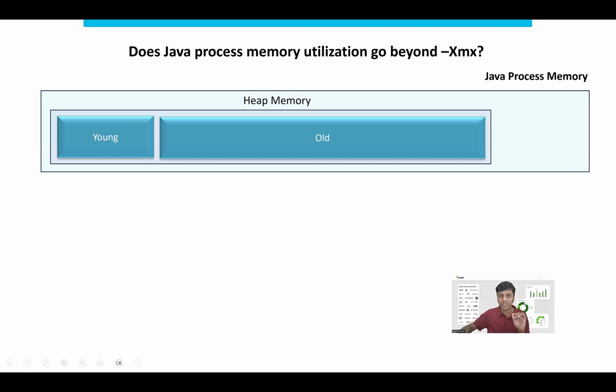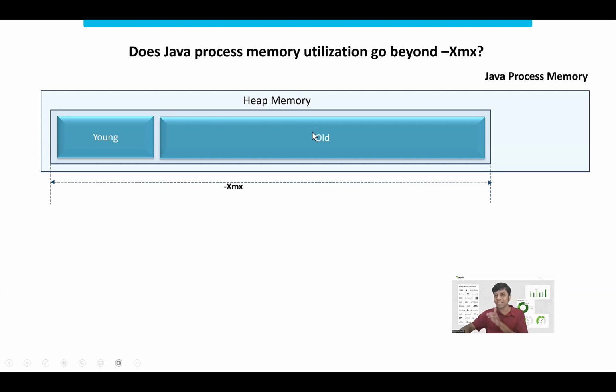All those objects go into the young generation, which is in heap memory. And if those objects tend to live for a longer period, they get promoted to the old generation. So our application objects reside in this heap memory. When you set Xmx, you are setting only the size of this heap memory.